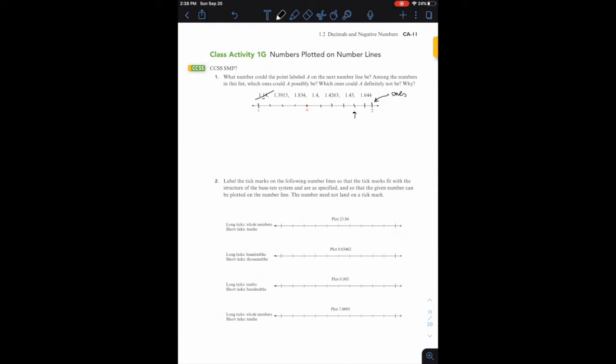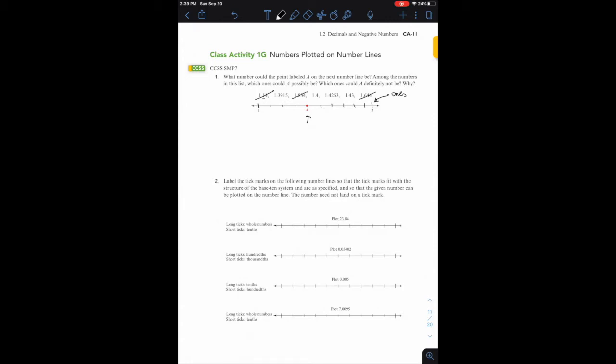No, because that would be over here. Is it possible that it would be 1 and 6/10? No, because it's on the wrong side of half. So now, is it possible that it's going to be any of these? 1.39, 1.5, 1.4, 1.4263, and 1.43. Okay, so I've put it on the 4th tick mark.